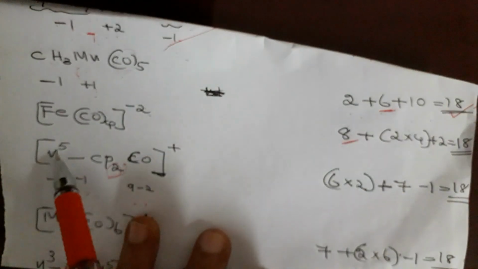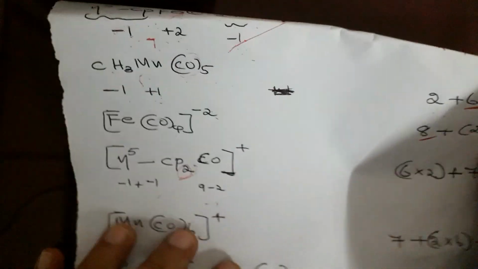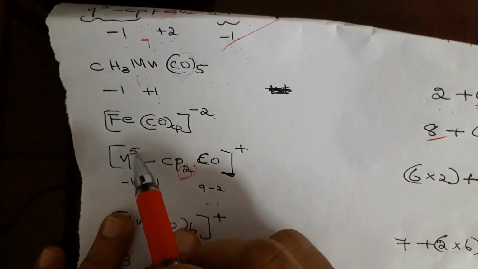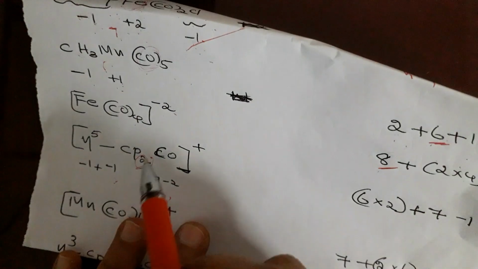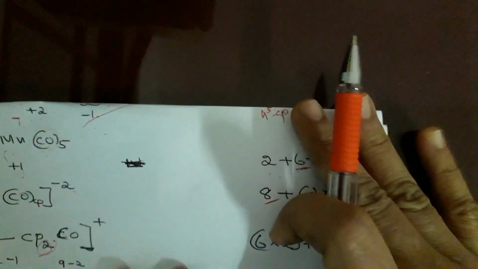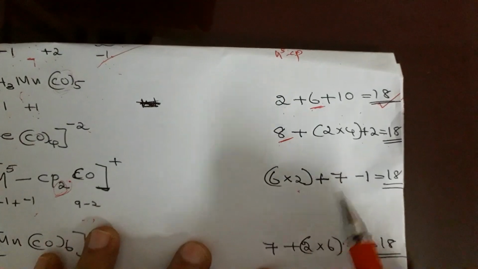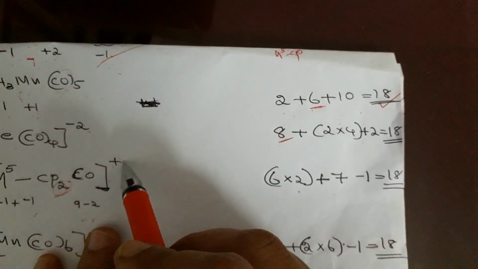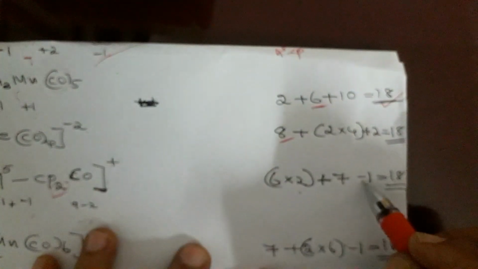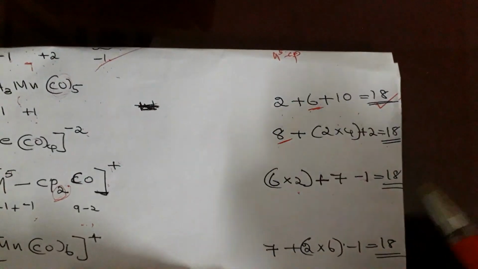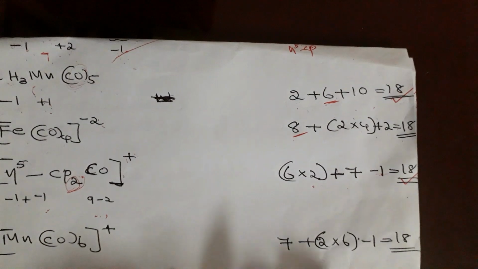Eta 5, how many electrons does it contribute? 6 electrons, 5 plus 1, 6. These are 2 in number, so 6 into 2 plus 7, and here there is plus 1 charge, so you put minus 1, so that is 18 electrons. This is also the same thing.